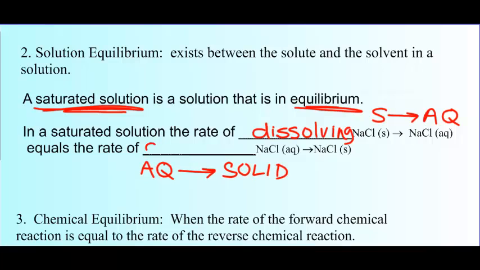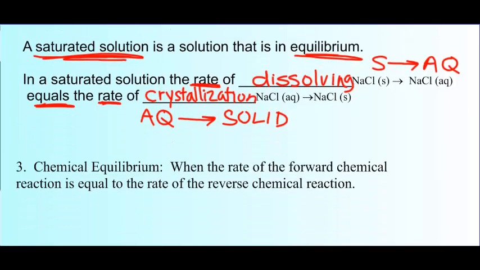We call that crystallization. Again, what's the important point? Well, number 1, saturated solutions are in equilibrium. And again, rate equals rate. It's when the rates of reverse processes are the same.